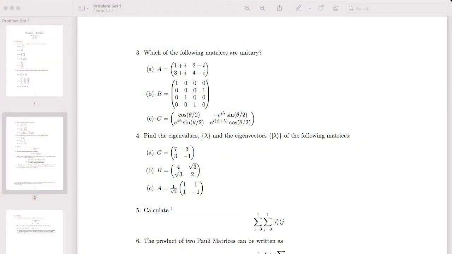Okay, and the last one is a little bit more complicated, and actually it uses a specific representation of complex numbers, which is called Euler's form.